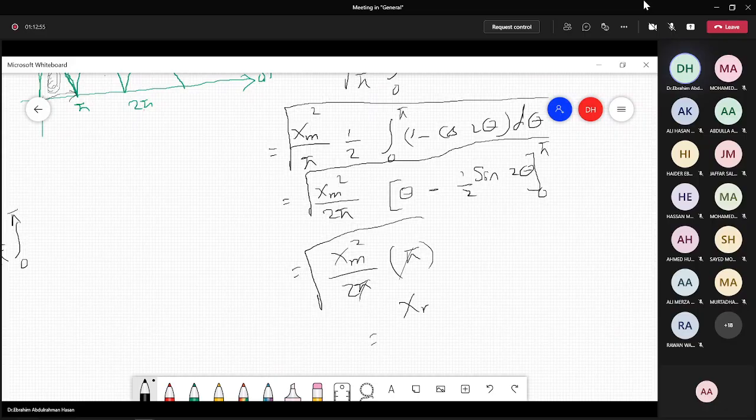So we are left with xm divided by root 2, meaning Vm divided by root 2, which is 0.707 Vm. So the effective value of sine waves is always equal to 0.707 Vm, and 0.707 is 1 over root 2.